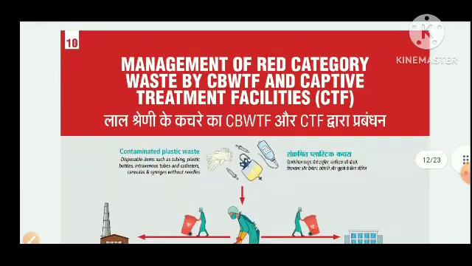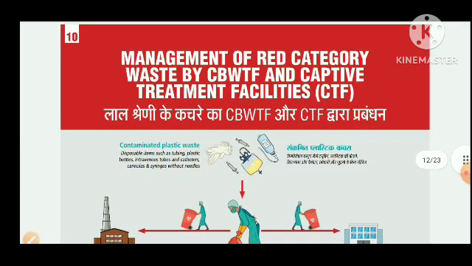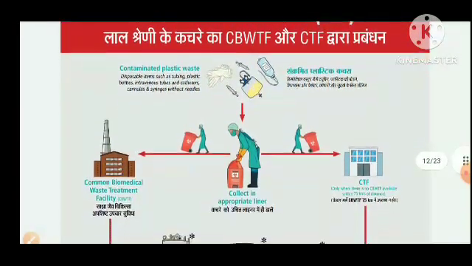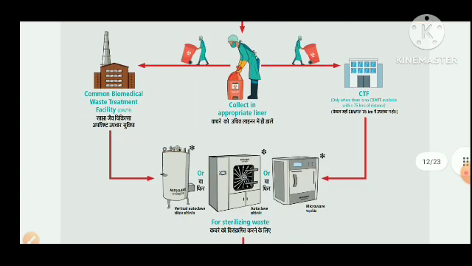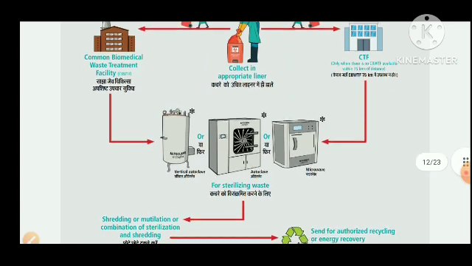Next is management of red category waste. How is the red category waste being managed? The contaminated plastic waste that is being generated is to be collected in an appropriate red color liner. It is sent again to the common biomedical waste treatment facility or CTF, and there sterilization of waste takes place.